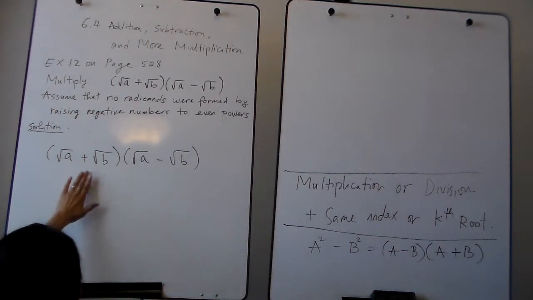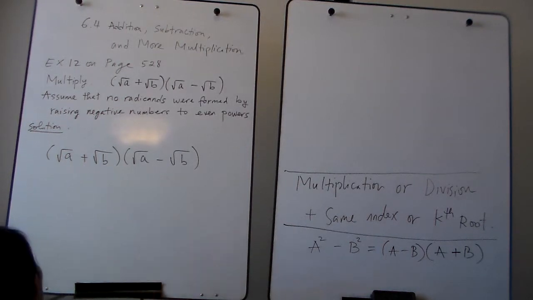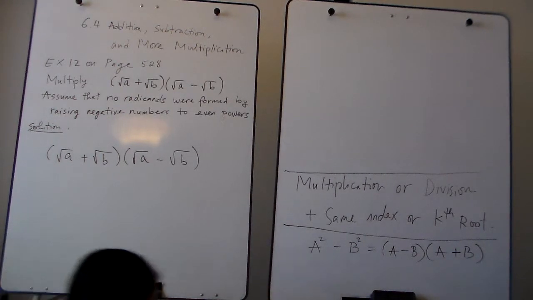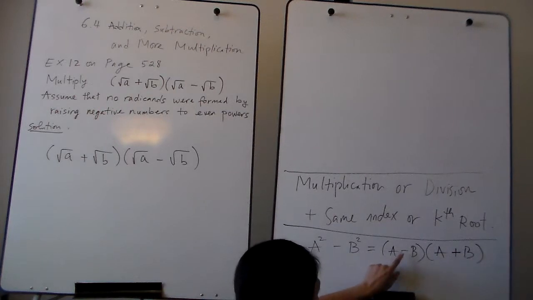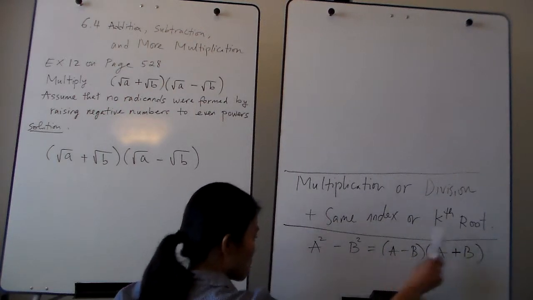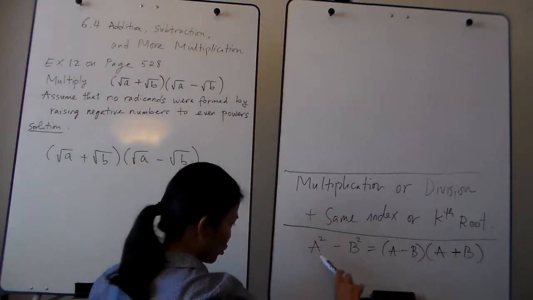The only thing different is that they have opposite signs. So that means you can use the difference of squares, which is this formula here, because we have opposite signs, negative, positive.